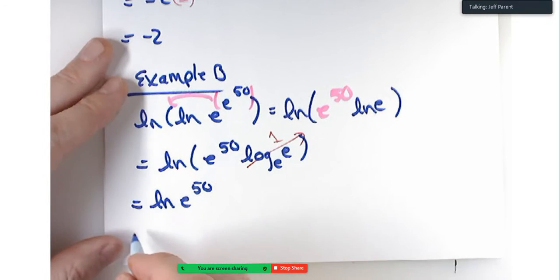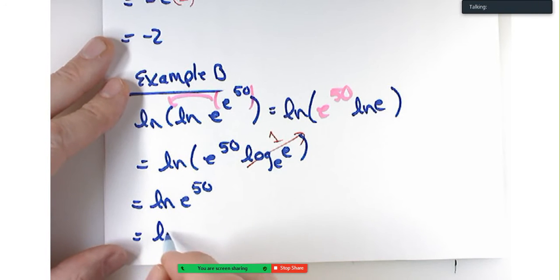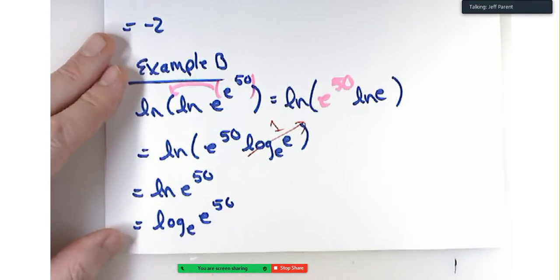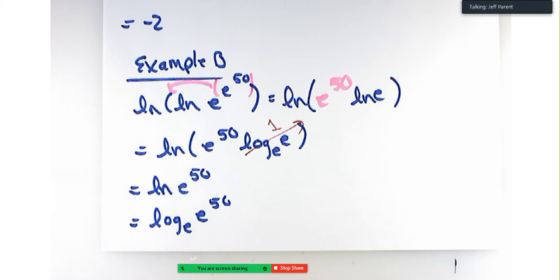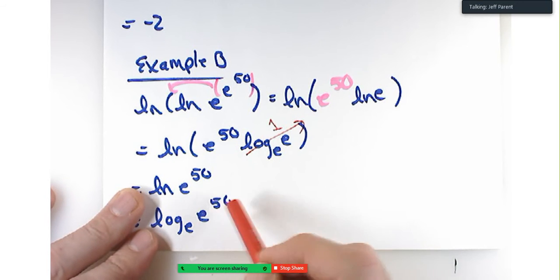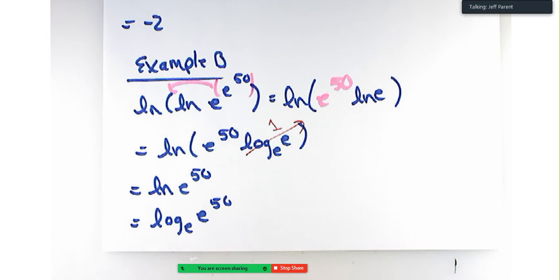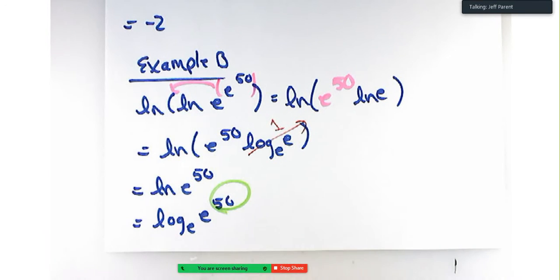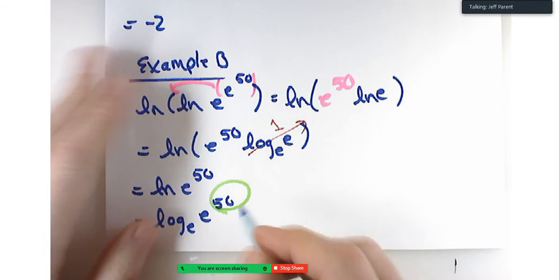Well, that's really the log base e of e to the 50. And now you're using your properties again, where you've got the log with a base of e, matching some base to a power. These two things are going to cancel each other out, and you're just going to be left with 50.